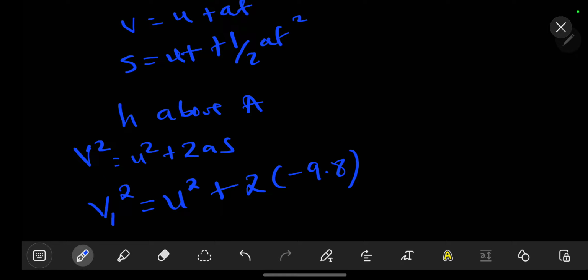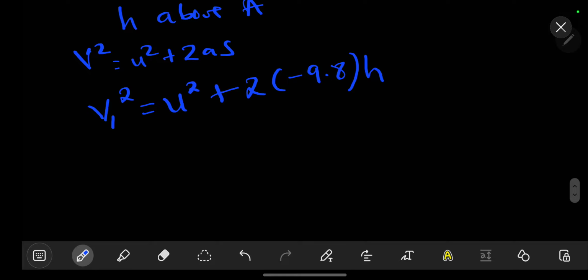Where there is s, we put our height h above A, which shall be positive since it's above A. So v1 squared equals u squared, and 2 by 9.8 gives negative 19.6h like that. So this is what we have for that one.